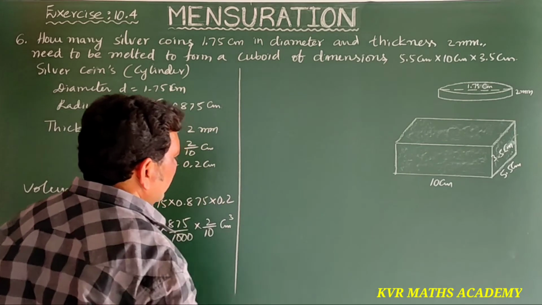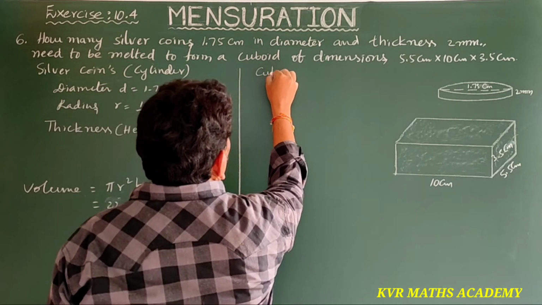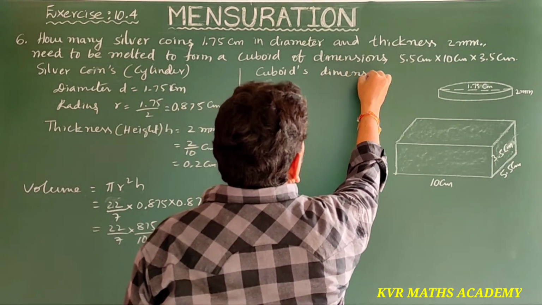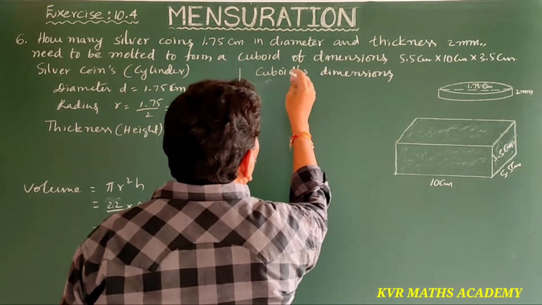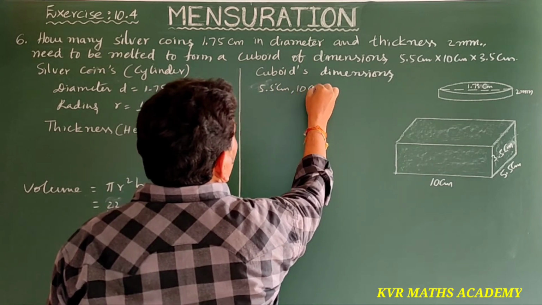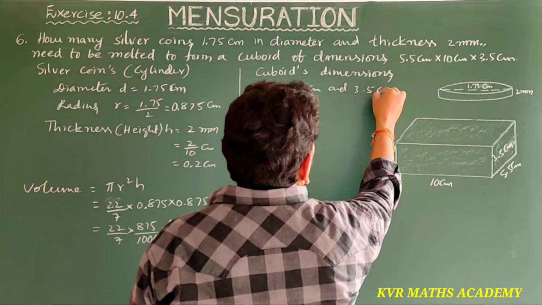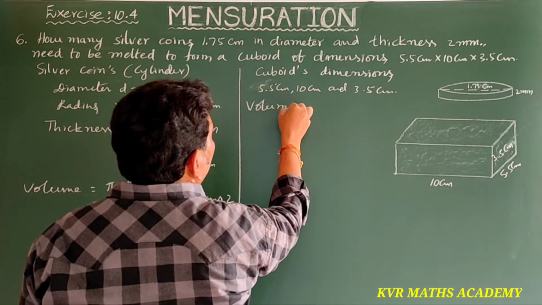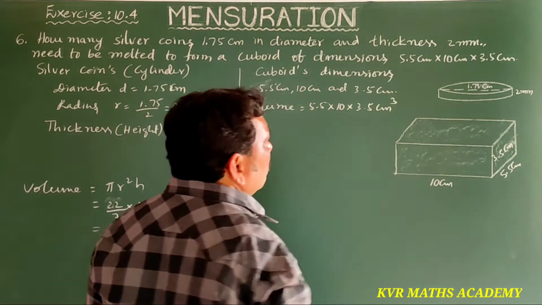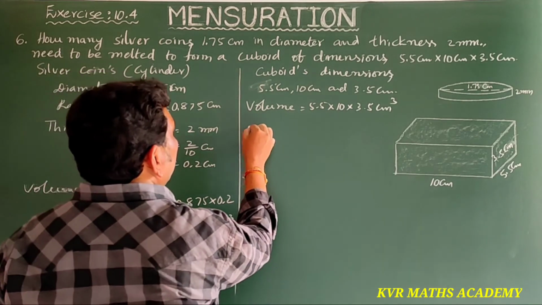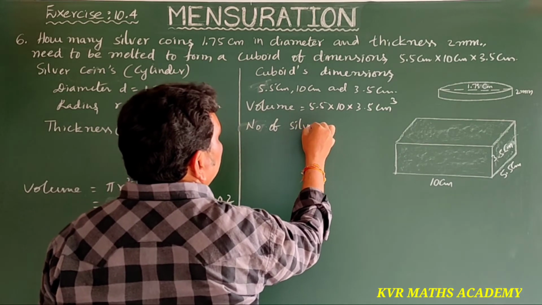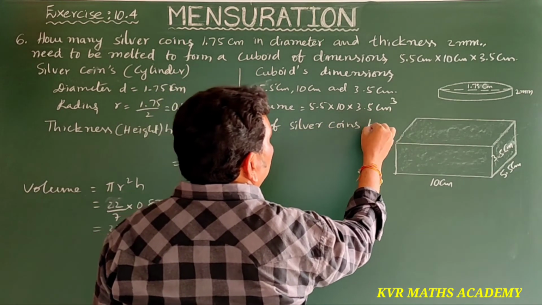Now the cuboid. Directly write the dimensions, no need to write length, breadth and height. They are 5.5 centimeters, 10 centimeters and 3.5 centimeters. So its volume is equal to 5.5 into 10 into 3.5 centimeter cube, right? Therefore, let the number of silver coins be x.